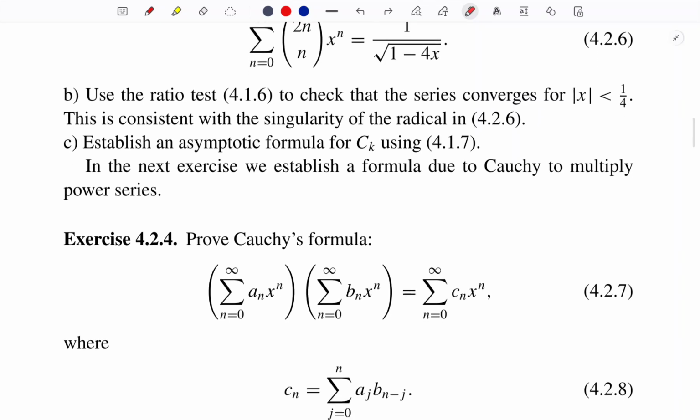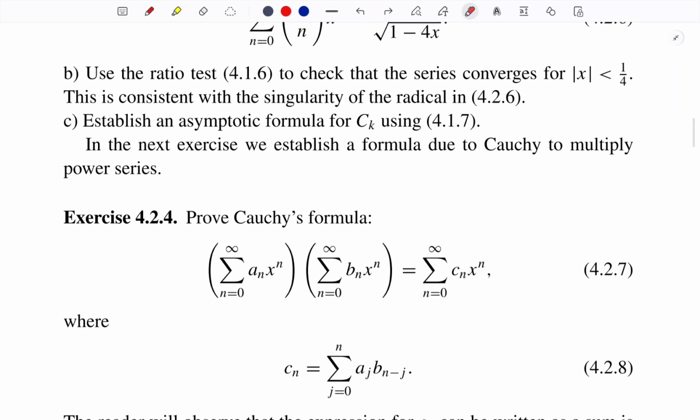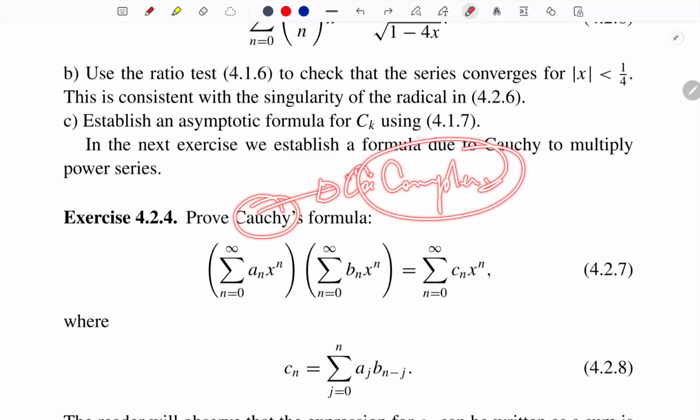Prove Cauchy's formula. What is Cauchy's formula? I know about this man. He contributed a lot to a branch of mathematics, I'm not quite remembering, but we talk about complex numbers, the integrals of complex functions.